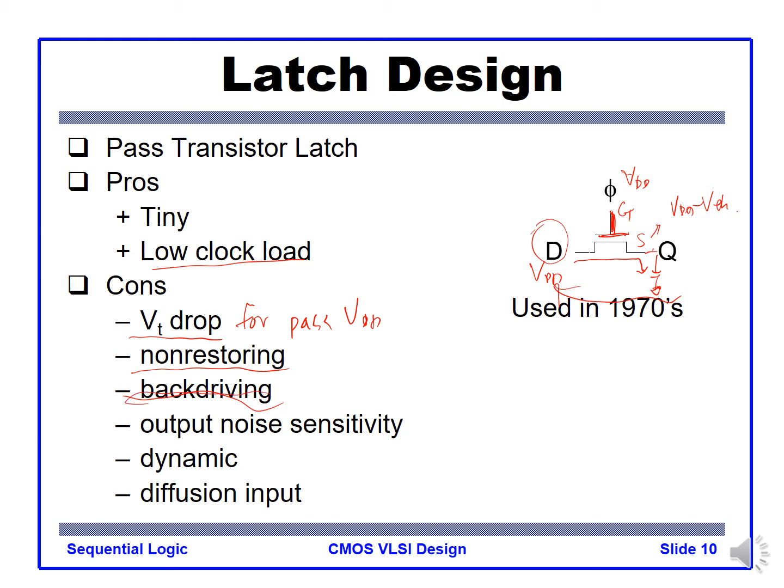And also backdriving: there's no isolation, so any glitch on the output Q can also be passed on to the D, right? So backdriving may happen. Output noise sensitivity is very bad, since it is like a floating capacitance. So any large signal line nearby, if it couples onto this parasitic capacitance, the value can be altered, right? It is a dynamic circuit because it relies on the floating capacitance.